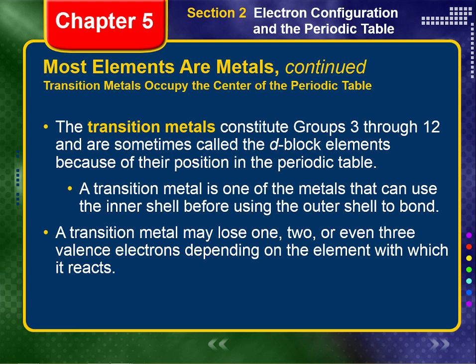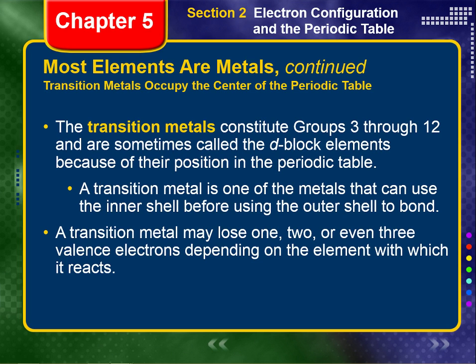So within the metals, we have transition metals, and transition metals constitute groups 3 through 12. Remember that these are the groups that were kind of excluded when we talked about the main group elements. So groups 3 through 12 are called the transition metals, and they're sometimes called the D block elements because of their position on the periodic table. They're in the D block.